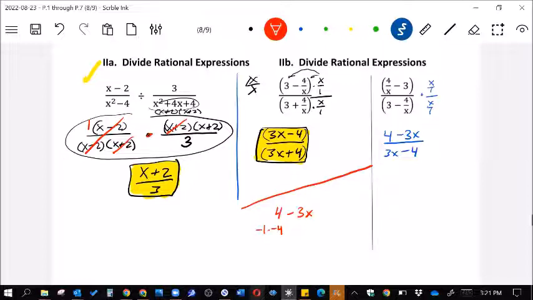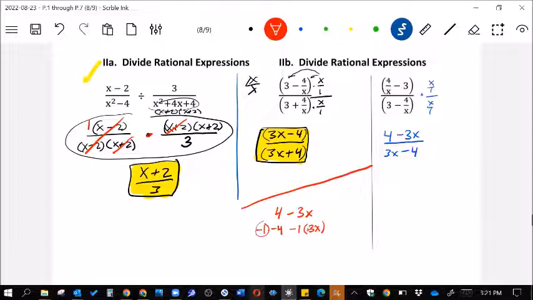Over here with the 3, what I want is to get a negative 1 for both of these. Then it's negative 3x. So I can do a negative 1 times 3x. Negative 1 times 3 is negative 3.